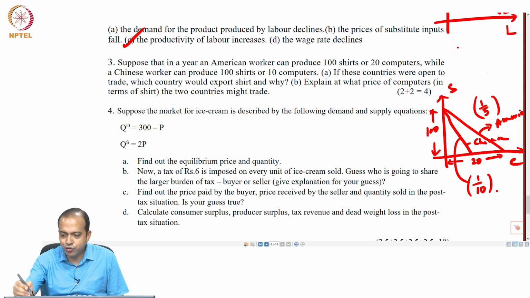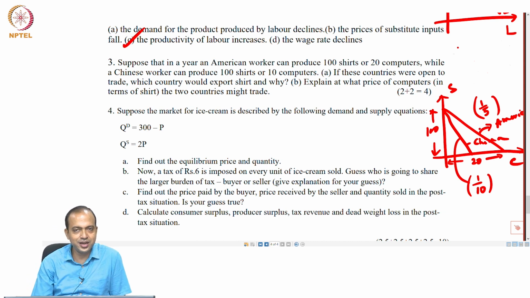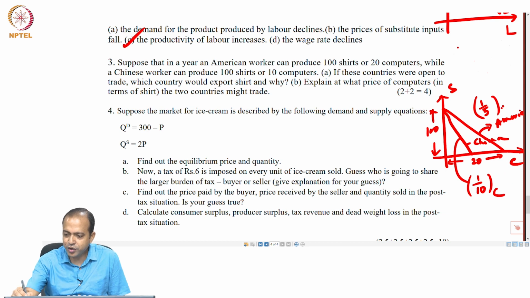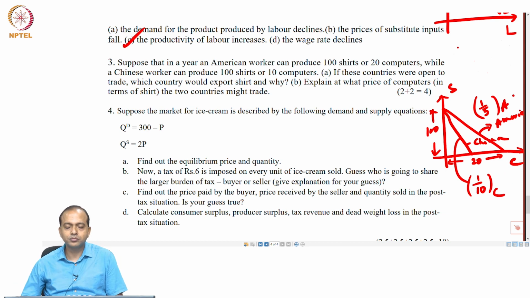Now comparing 1 by 5 and 1 by 10, opportunity cost of cert in terms of computer is lower in China compared to America. Is this simple?